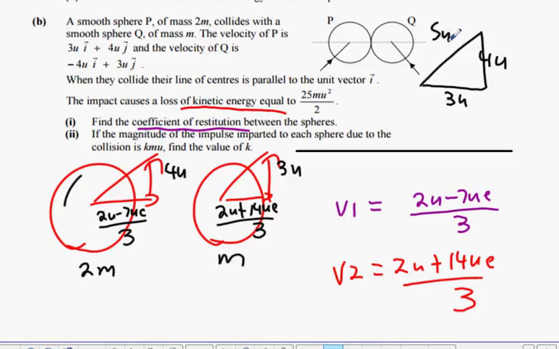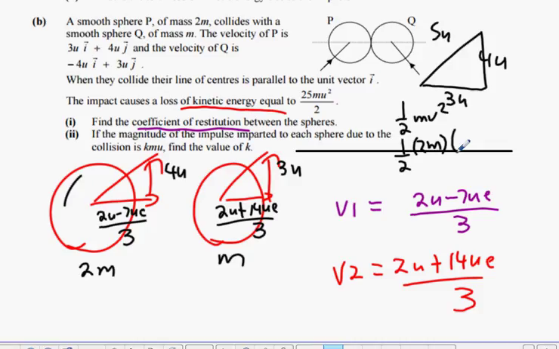So that means it's a half mv squared, which is a half times 2m. You could actually write it this way. The hypotenuse is 5u anyway, and 5 squared is 25, isn't it?